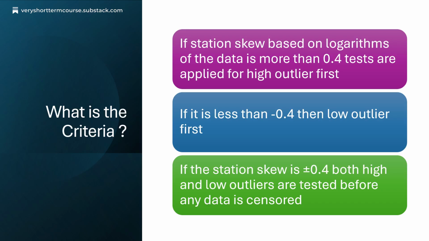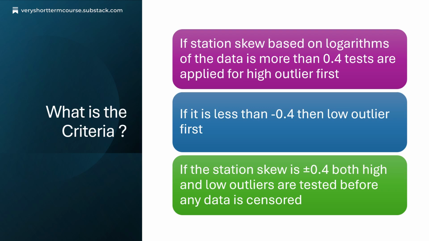When you find the logarithms of the data, you find the skew. After you find the skewness, check whether that skewness is more than 0.4. If it is more than 0.4, then check the high outlier first. If the skewness is less than minus 0.4, then check the low outlier first. And if the skew is plus minus 0.4, you can check both high and low outliers before you detect the outlier.